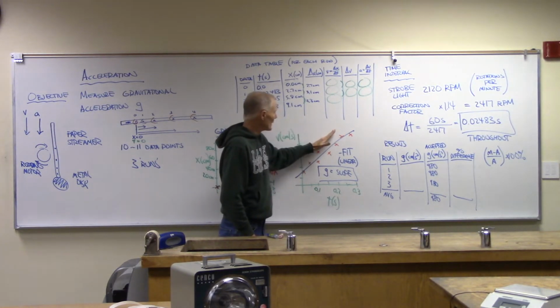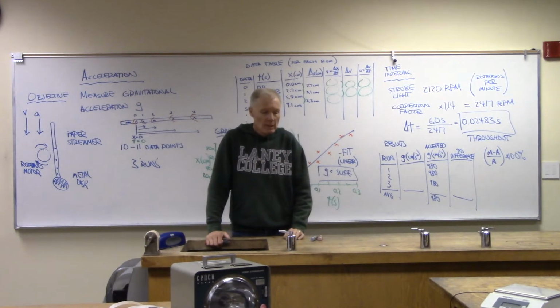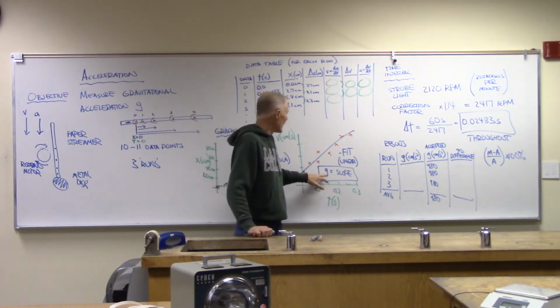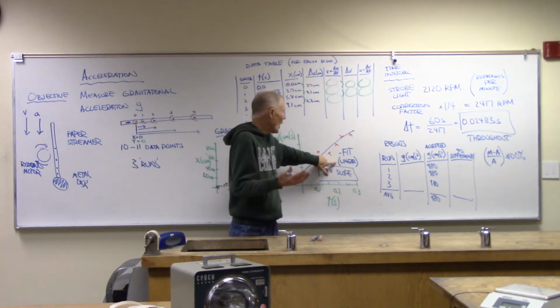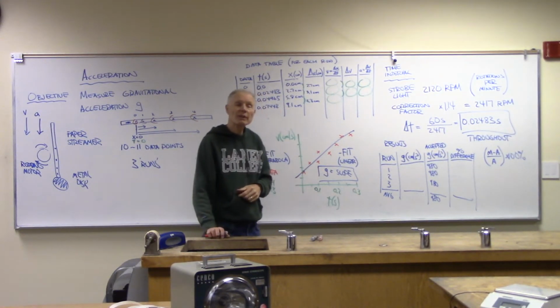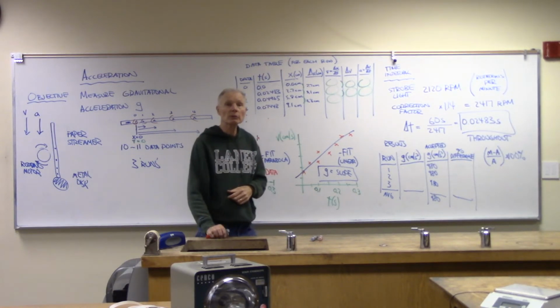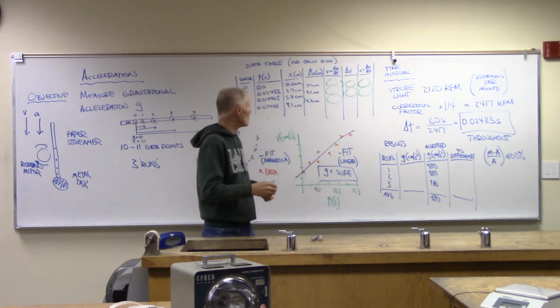That would give us a straight line. So if you're doing this in Google Sheets or Excel, think of this in terms of fitting it with a line. And the slope of that line would be the gravitational acceleration, which is what we're trying to measure in today's lab.